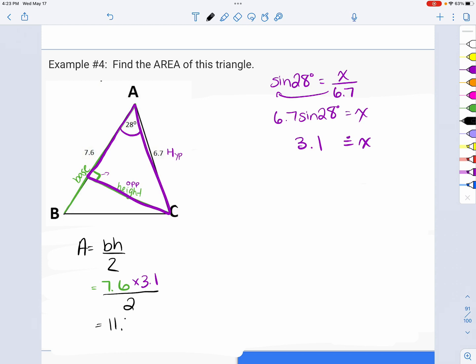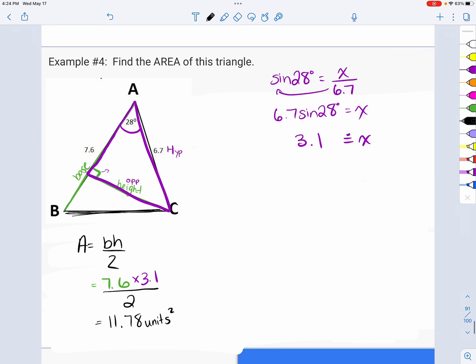The area of that triangle is 11.78 units squared. Okay. So if you get a question like this, don't always assume the base is at the bottom. See, can you make it simpler on yourself and maybe visually rotate that triangle in your head?